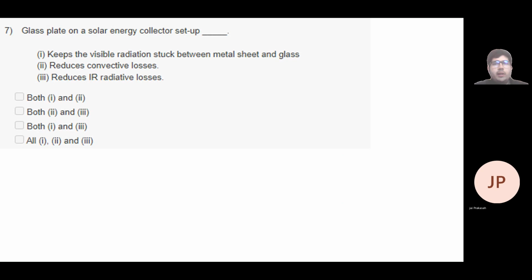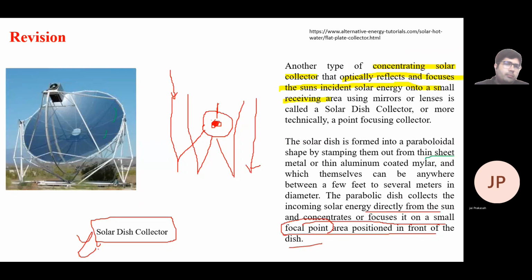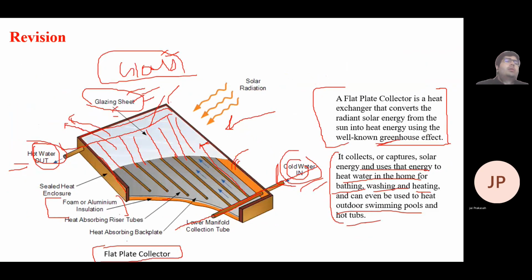Now let's come to question number 7. Glass plate on a solar energy collector setup, blank. We have 3 statements. Recently we have covered this.